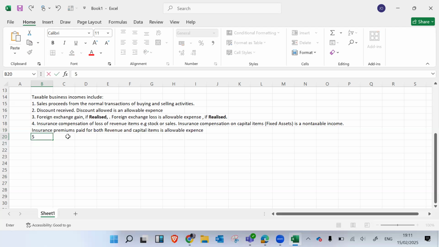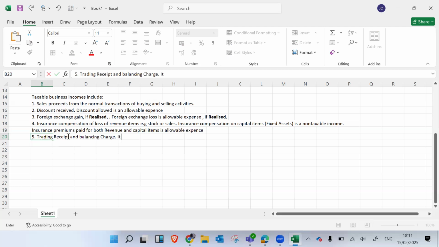Let's have one more. We have one called trading receipt. Trading receipt and balancing charge. Trading receipt and balancing charge, that is a taxable business income.